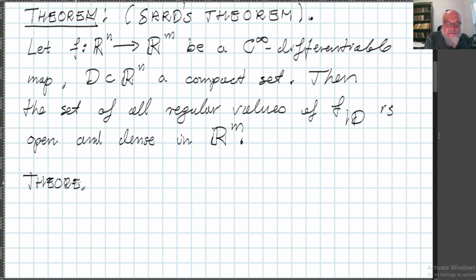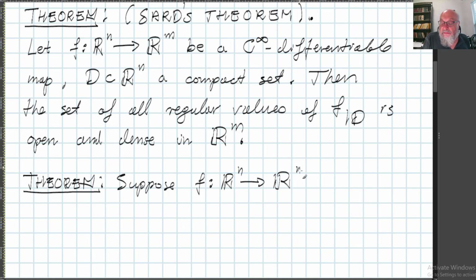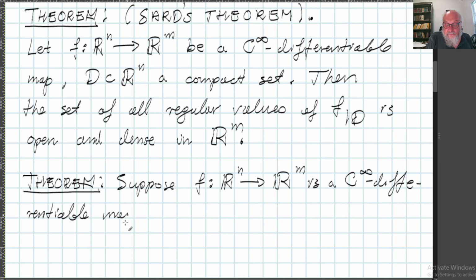let's call it also a theorem, and we formulate it like that. Suppose f from Rn to Rm is a C infinity differentiable map.